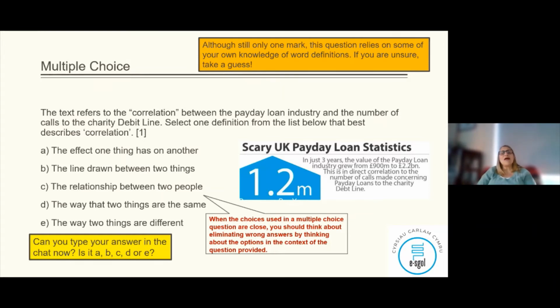Okay, and then the way 2 things are different, well, they're not different because we've already seen that the graph shows that they grew at the same rate. Okay, and then the other one, the line drawn between 2 things, well, it's not really talking about it in that way. We're not drawing a line between the 2 things. We're talking about the 2 things together, aren't we? So it is almost a relationship between the 2 things.